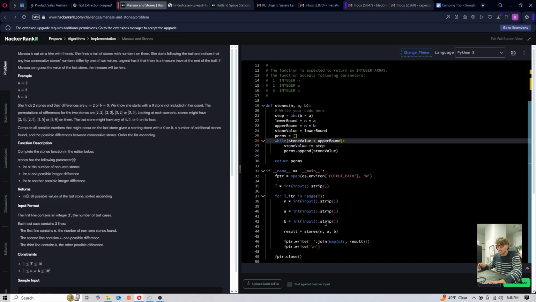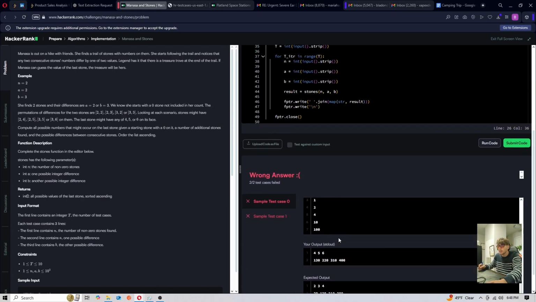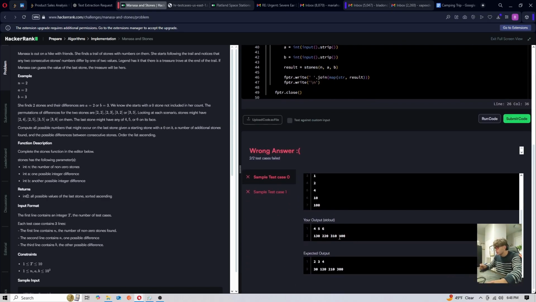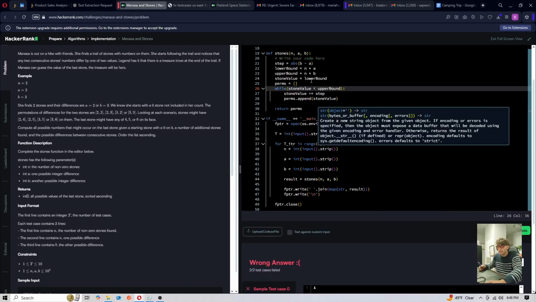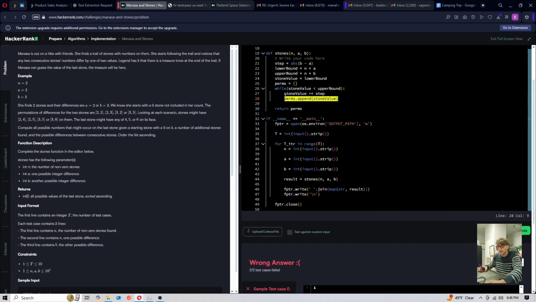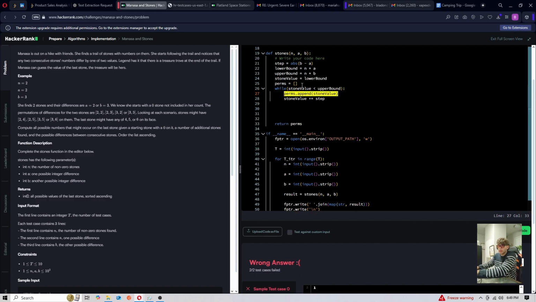Okay, so now that I'm looking at this, I don't think that I actually add the, I should probably append the upper bound, because the upper bound will be part of the thing. But it's honestly pretty nice to see that I'm ridiculously close already, with just my first attempt.